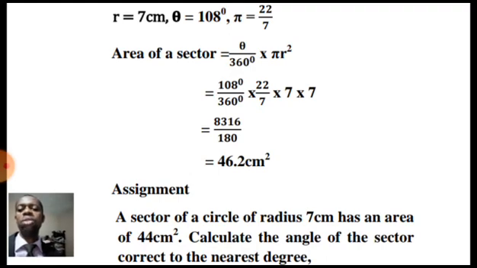Calculate the angle of the sector correct to the nearest degree.